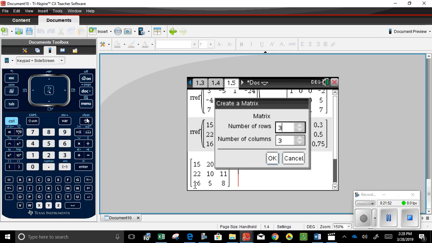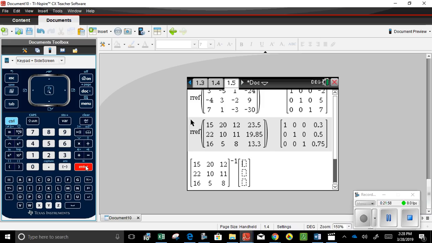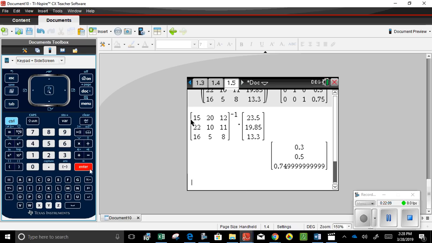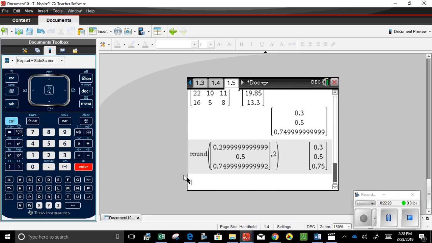I delete a tab and I delete this 3, make a 1. Press enter. Type in the money. 23.50, 19.85 and 13.30. And you see, there it is. And if you round this to the nearest cent, you get the same answer. Anyway, those are the two ways to do it.